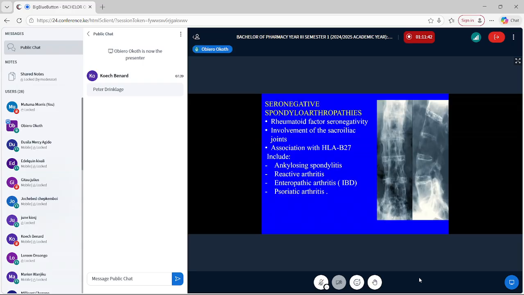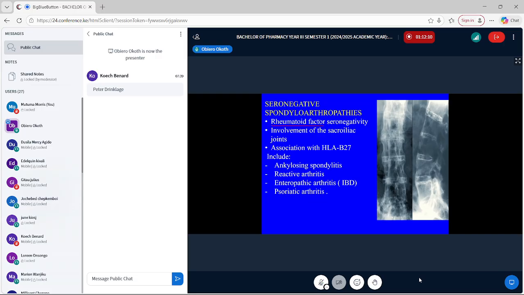Okay. Seronegative spondyloarthropathy basically means this is an arthritis. Yes, it's an inflammatory arthritis, but it's not related to rheumatoid factor. So the term we use is reactive arthritis, or reactive spondyloarthropathy, or seronegative spondyloarthropathies.